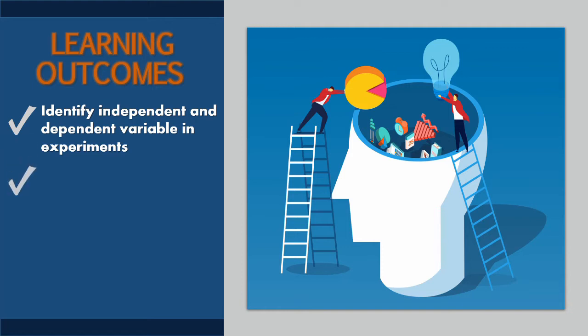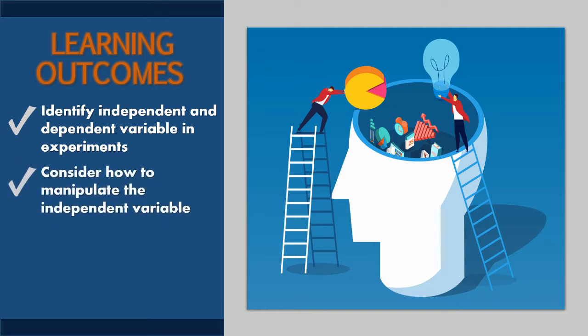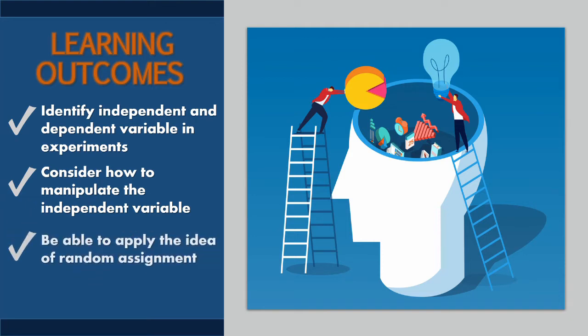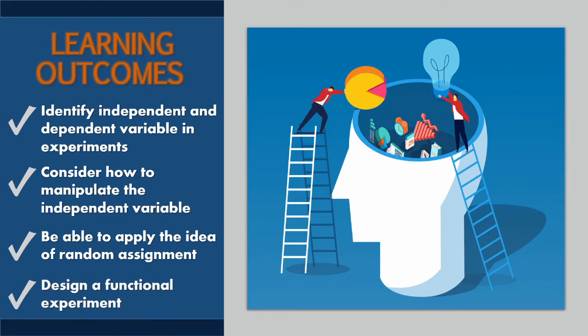Second, I want you to consider how we can manipulate an independent variable in an experiment. Third, I want you to be able to correctly articulate the idea of random assignment in designing an experiment. And finally, I want you to be able to come up with a true experimental design.